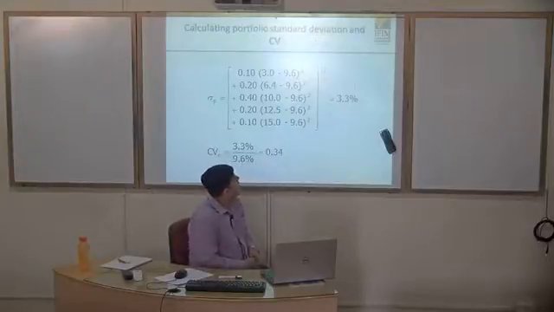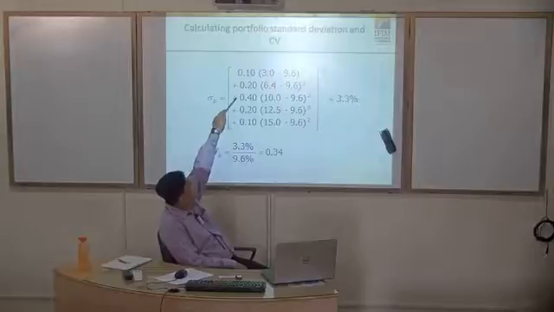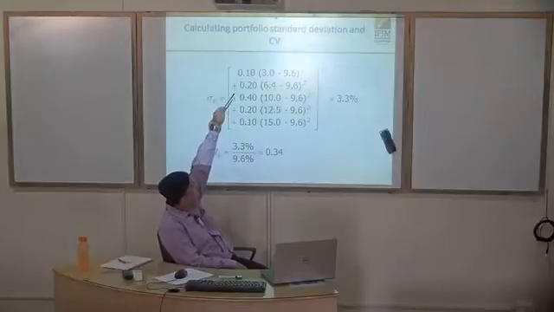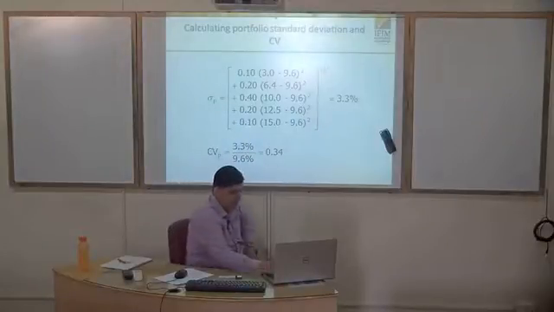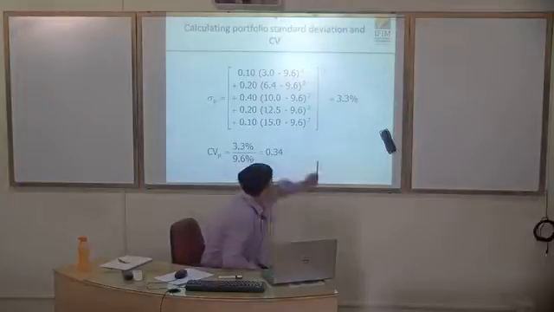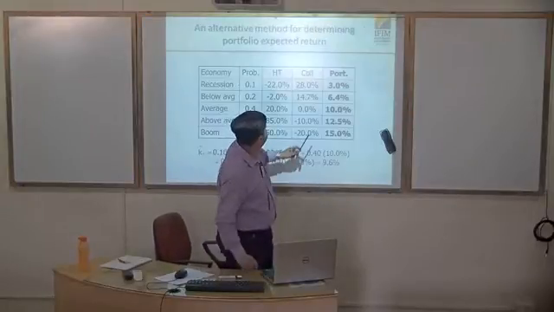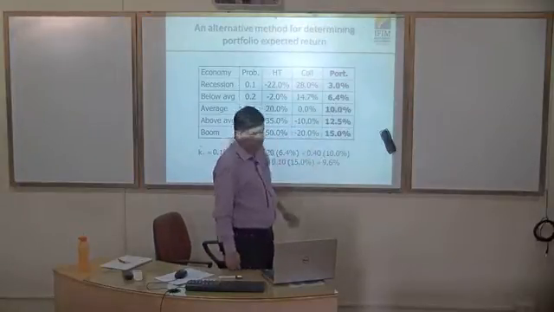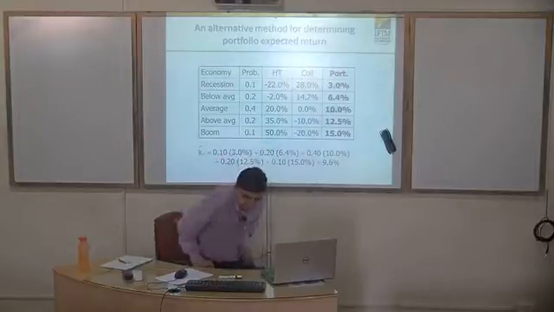Now, after that is arrived at, we take one step forward. 0.1 is the probability factor into 3 minus 9.6. Okay, 3 minus 9.6, the deviation that we look at.